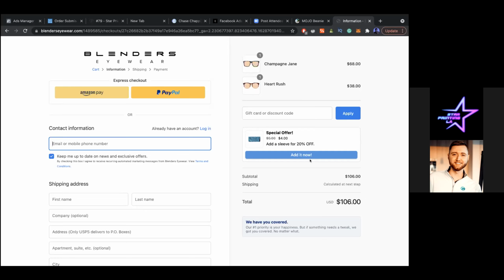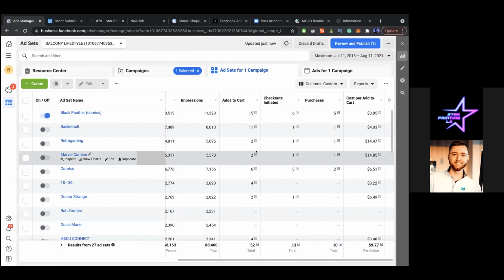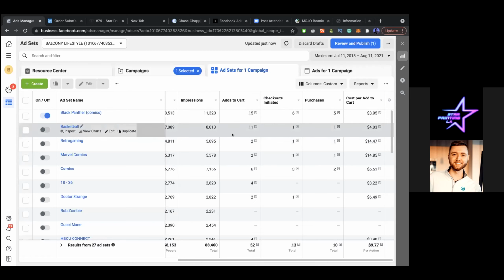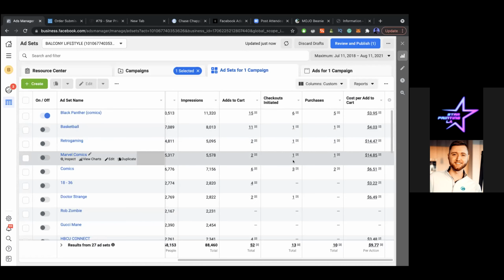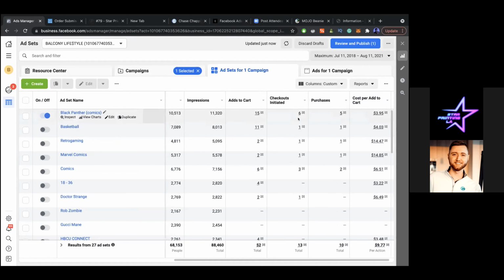So should I still run it to purchase even though my add to cart is higher? It's so rare for me to see something where add to cart would work better in a conversion case. I don't know if these purchases have been running long enough to optimize. How long have they been going? They've been going for a minute.